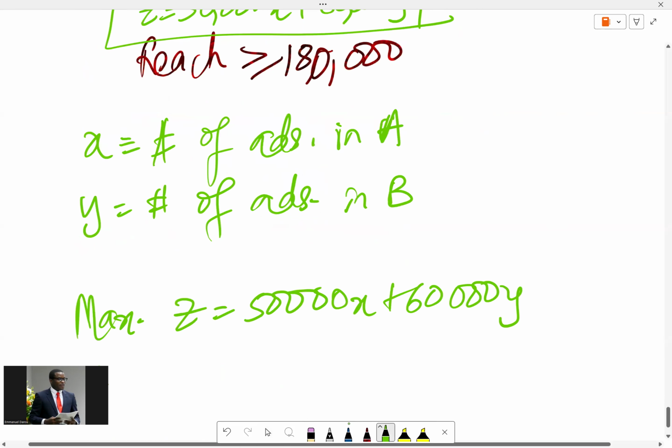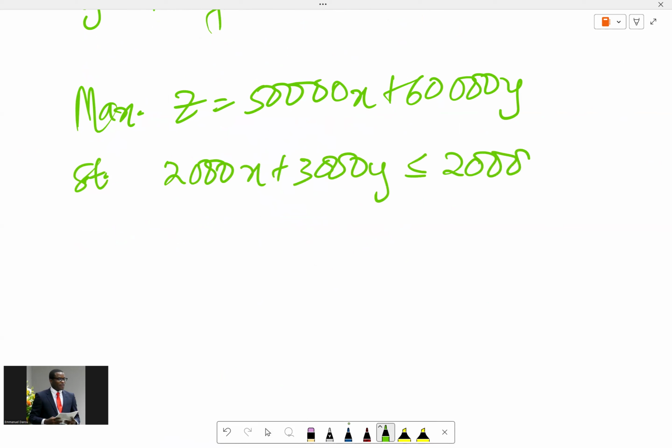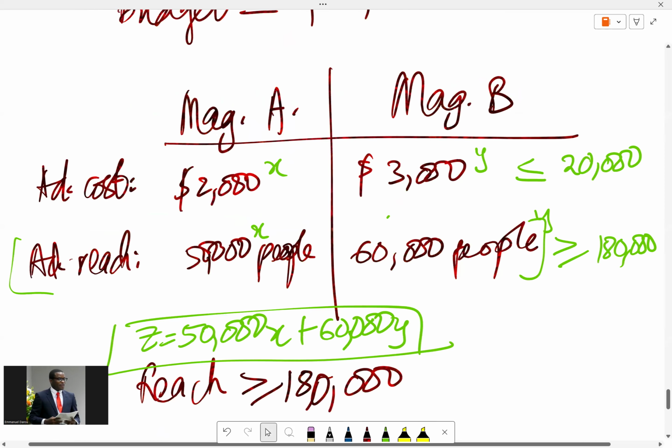That's 2,000 X plus 3,000 Y is less than or equal to 20,000. And then you have 50,000 X plus 60,000 Y is greater than or equal to 180,000. And then X and Y have to be non-negative. So with that, that's a very smart way, and I'm going to use that approach for the second problem.